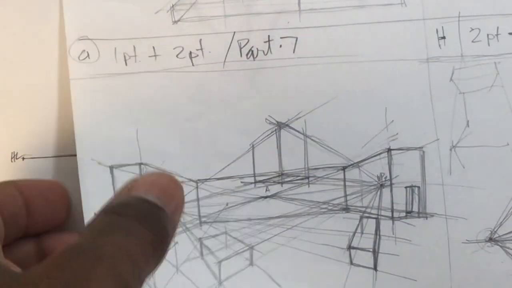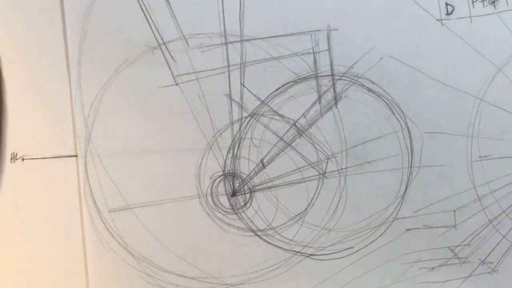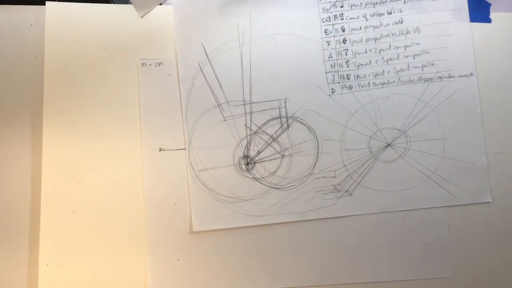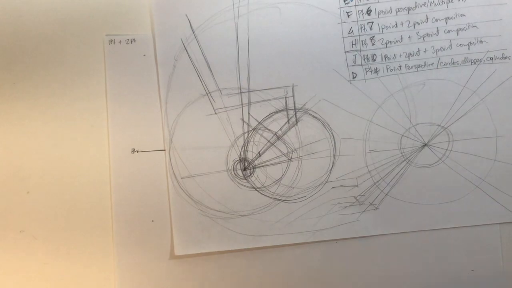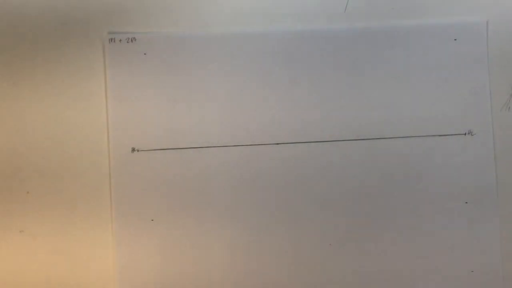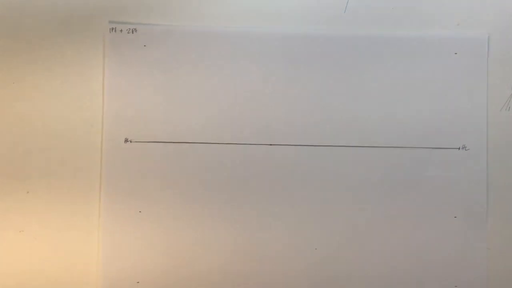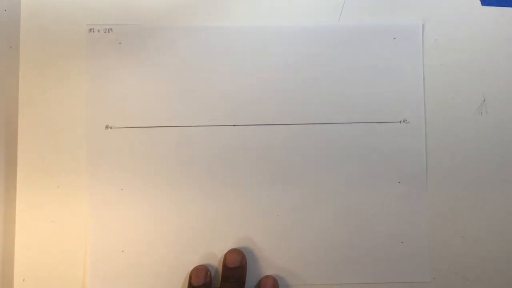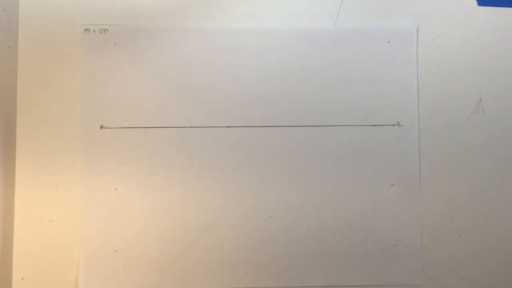Okay, so all right, let me just do it. Stop yapping so much. Let me zoom out some more. There we go. All right, that should do the trick. All right, let's get started.